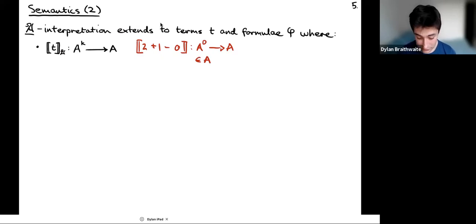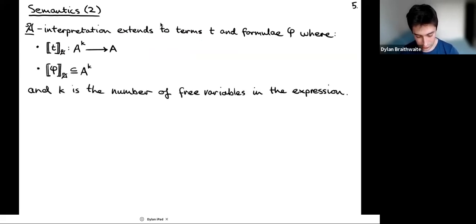The next thing is interpretation of formulae, which we again interpret as subsets, or sets of tuples, of A. And again, k is the number of free variables. So for example, this might be x is greater than 4. Then the interpretation of this would just be a subset of A, which is all the elements which are indeed greater than 4.